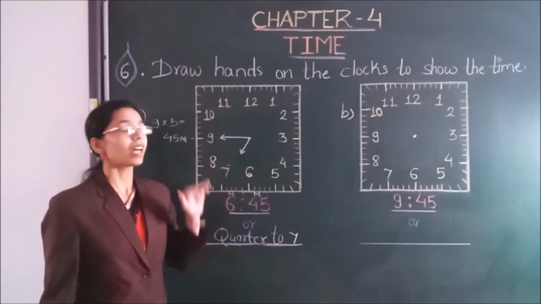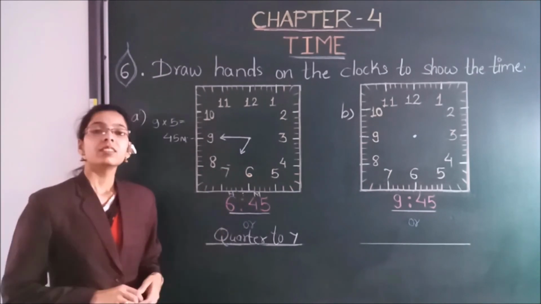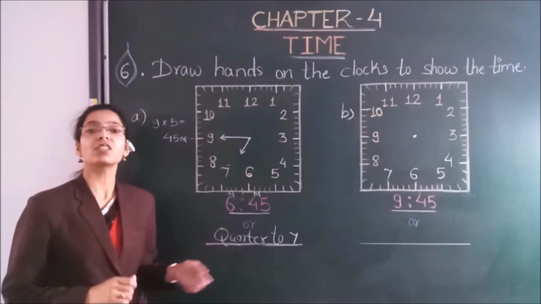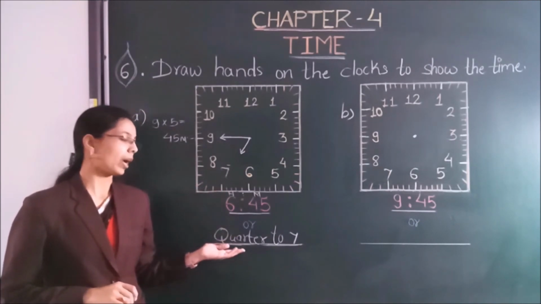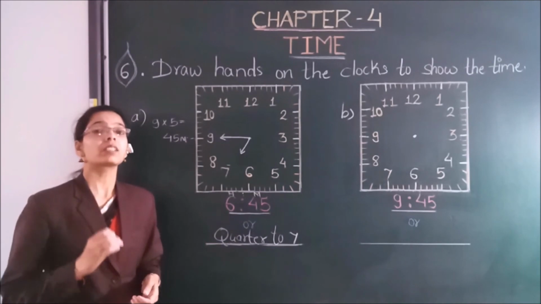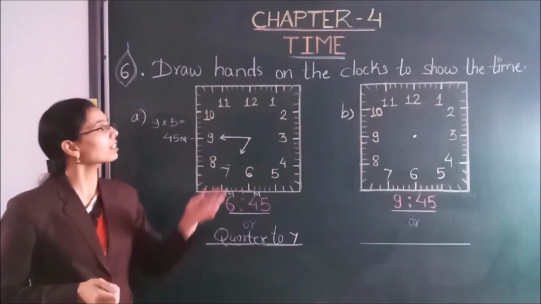Because it is about to reach 7. Yes. So the hour hand has crossed 6 and is about to reach 7. That is why we have written here quarter to 7. Yes. Understood?